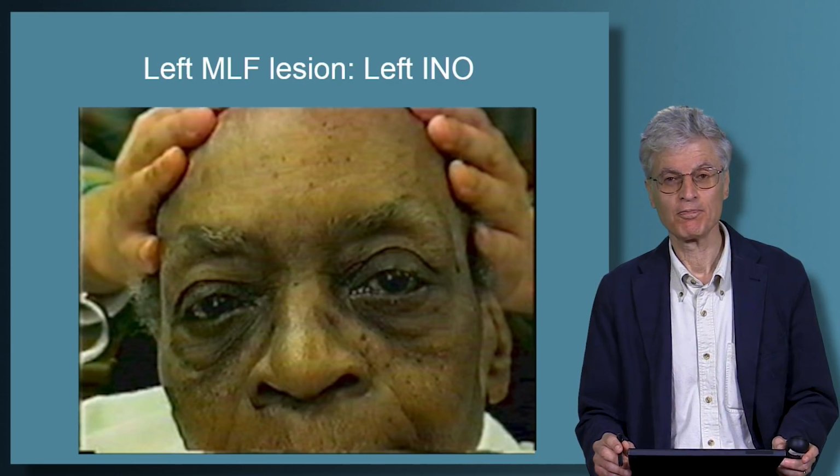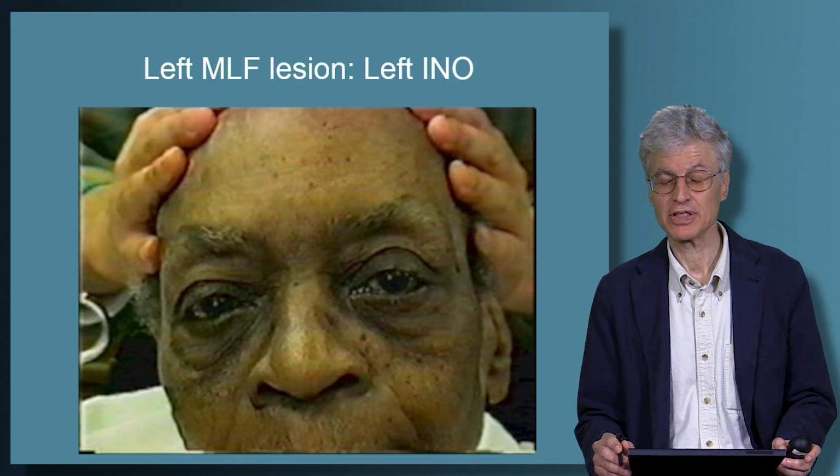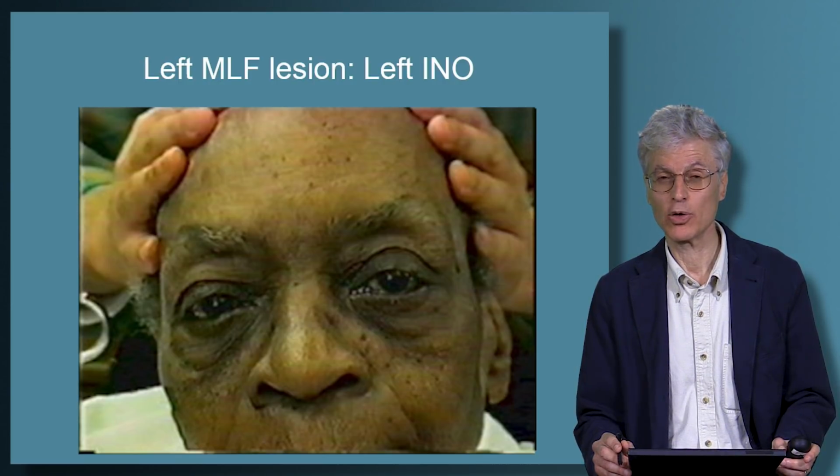The next video is another example, this time a left medial longitudinal fasciculus lesion causing a left internuclear ophthalmoplegia in an older patient whose lesion is not due to multiple sclerosis like the younger one, but to a stroke.